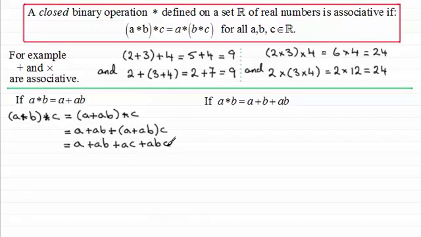So that's our result when we do A combined with B first of all and then combine with C.